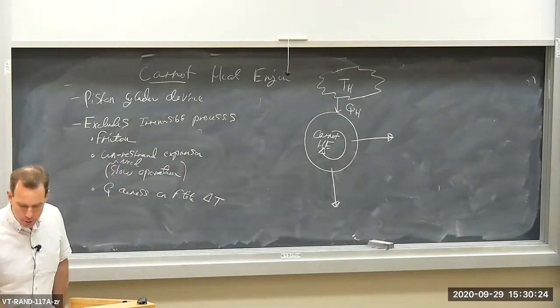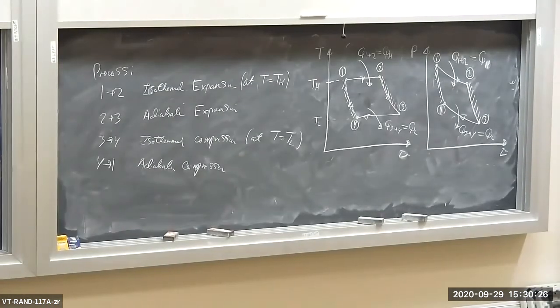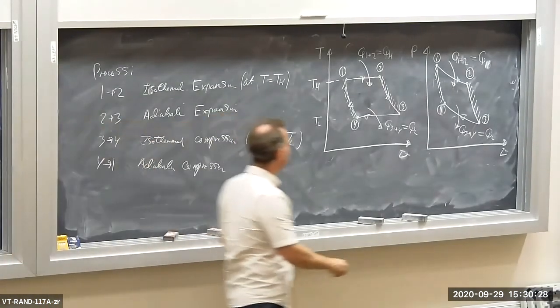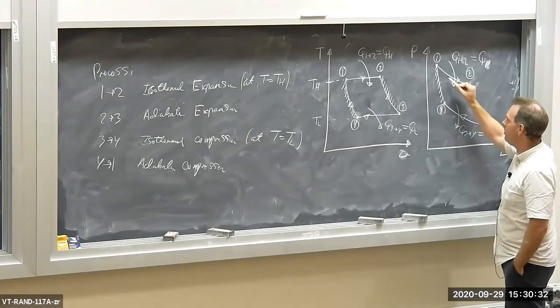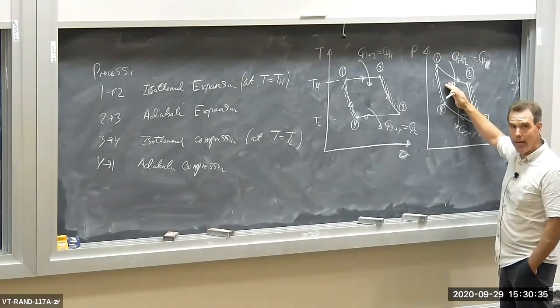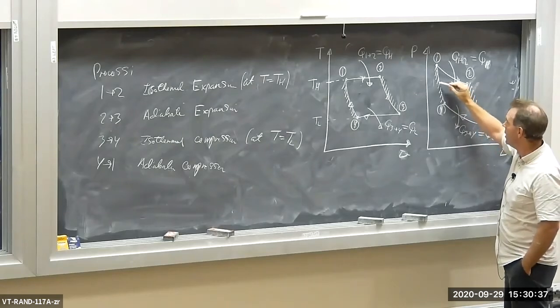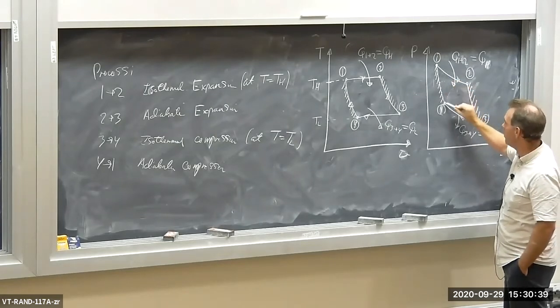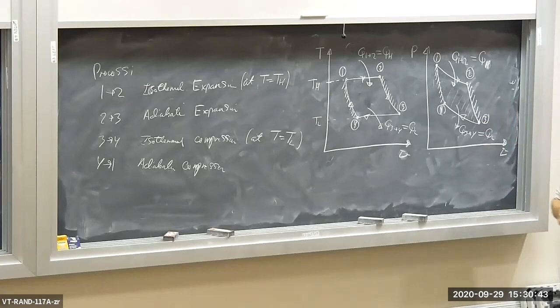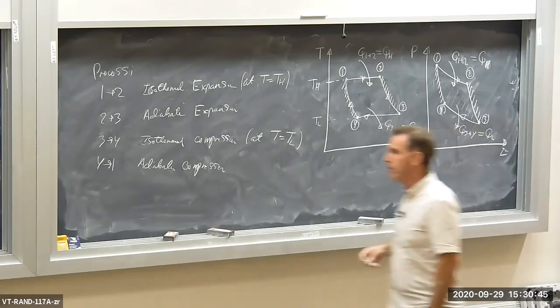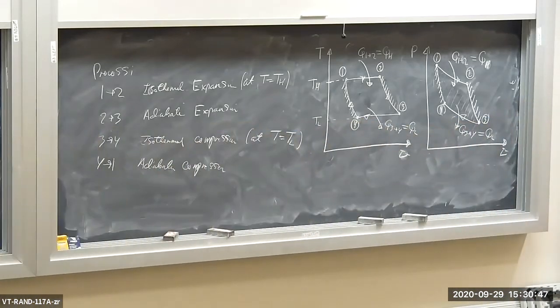How do I know it produces work? Well, let's look at the PV diagram. Look at the area bound by the PV curve. It has a positive area. The area is all this stuff here. This is boundary work. So this cycle is producing boundary work or work. It's a work-producing cycle.